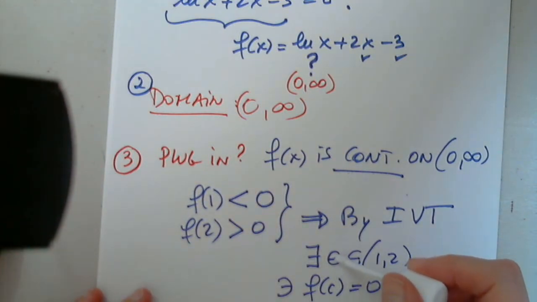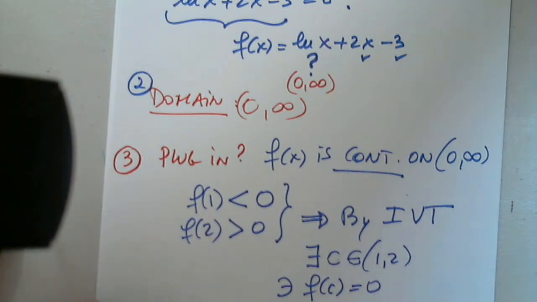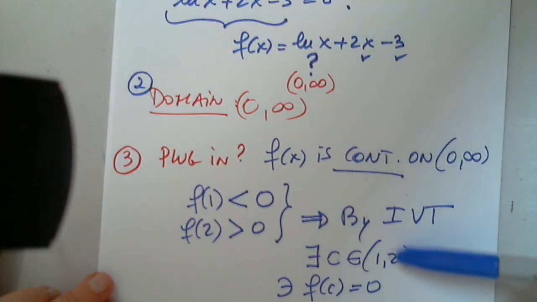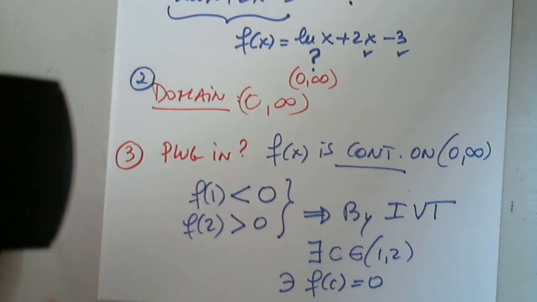That's all we were asked to do. We were not asked to determine it because we cannot. Yes, the calculator can give it to us, but algebraically we cannot do this. So we were only asked to find an interval. Can I find more than one interval? Yeah, but I don't care. We were asked to find one.